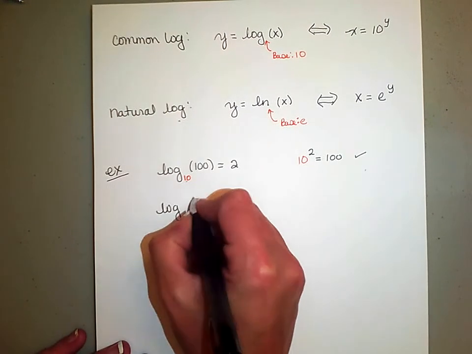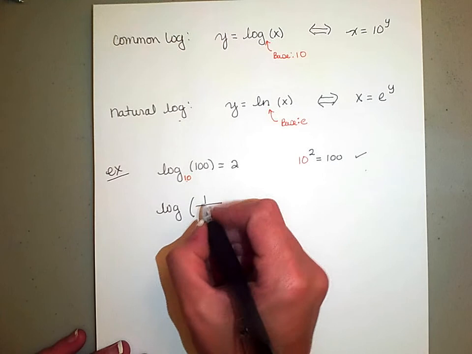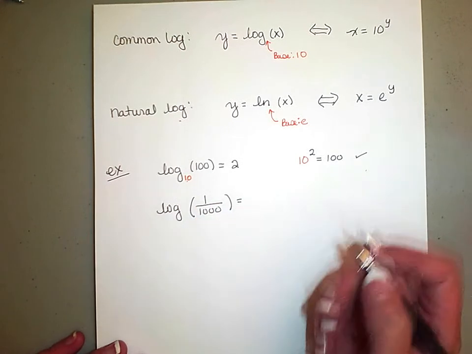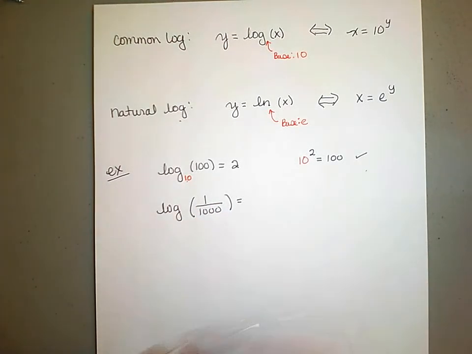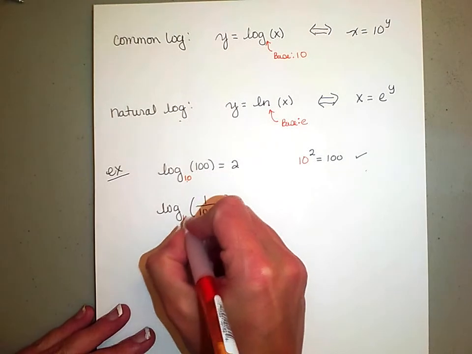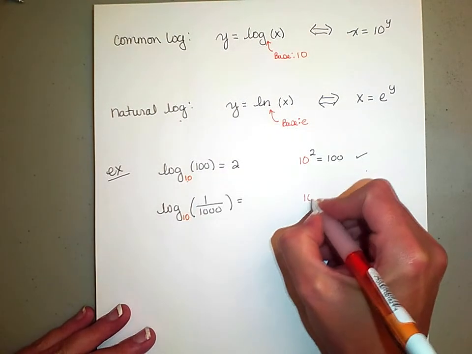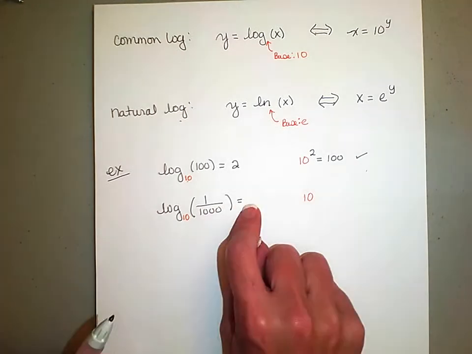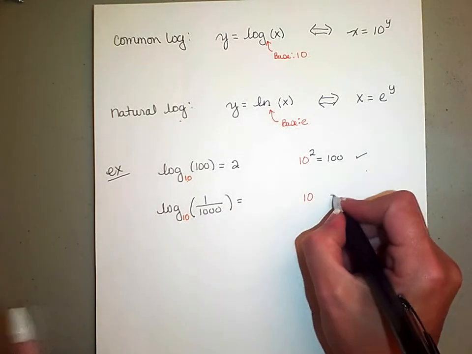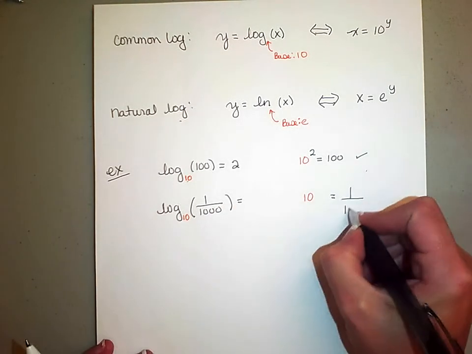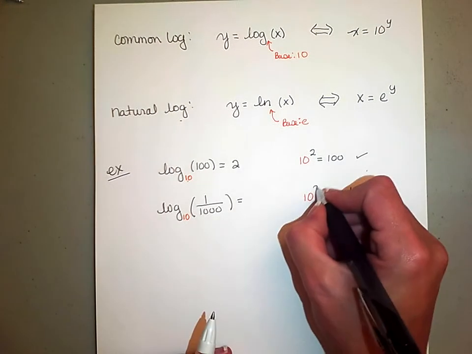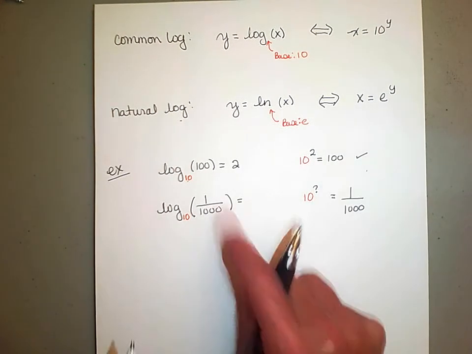We could think about the log of 1 over 1,000. And what should this be equal to? Well, our base is 10. So 10 to some power, that's what we're looking for here, must be equal to 1 over 1,000. Okay, so 10 to some power equals that.